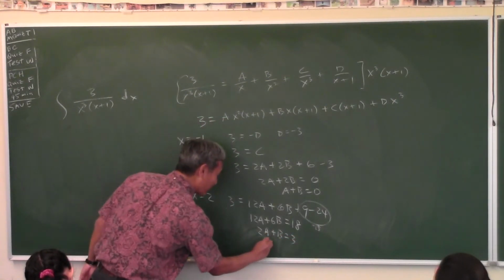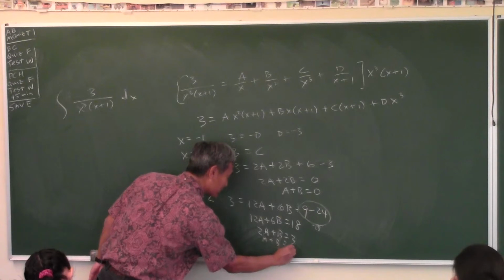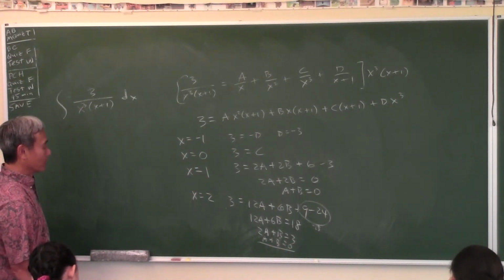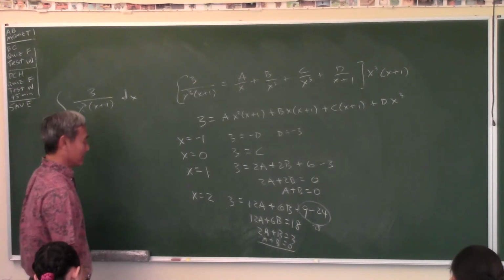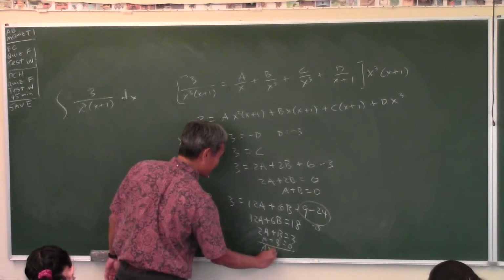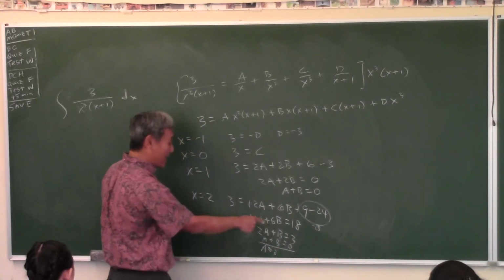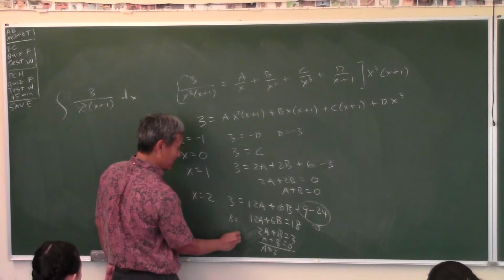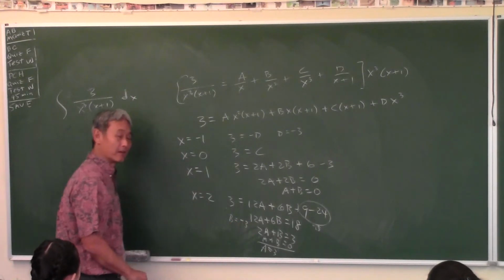But I know a plus b equals 0. Subtract. A equals 3. This is simple algebra 1, people. But a plus b equals 0, so b must be negative 3. There, we figured it out.